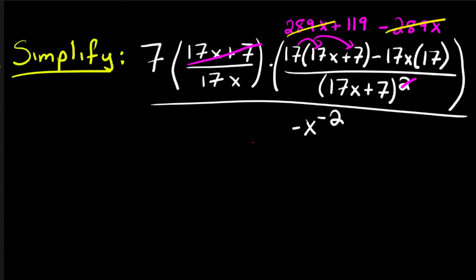Okay. So let me simplify this a little bit. Let me go down here to the next line. Now, if you look at this, the only thing remaining is a 1, and then in this parentheses, the only thing remaining is a 119.